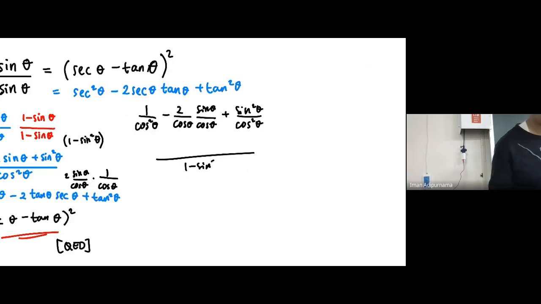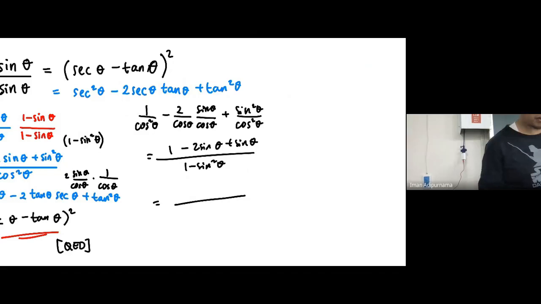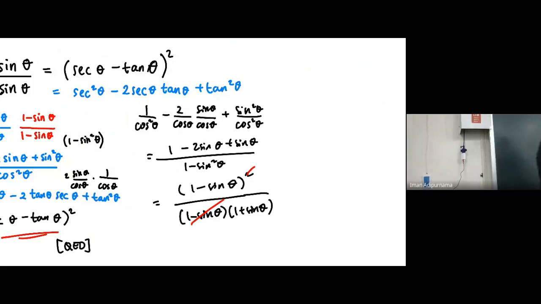You get 1 minus sine squared. You get 1 minus 2 sine theta plus sine squared theta, right? And this becomes 1 minus sine theta, 1 plus sine theta, and that's all proven.